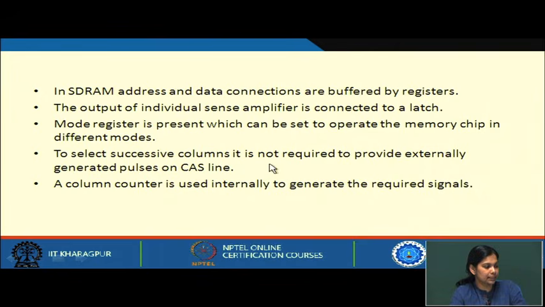To select successive columns, it is not required to provide externally generated pulses on the CAS line. What do you mean by that? You recall our previous discussion, where we said that one row can be selected, and for selecting data from different columns, we give a column address, then we give the next column address, and so on.